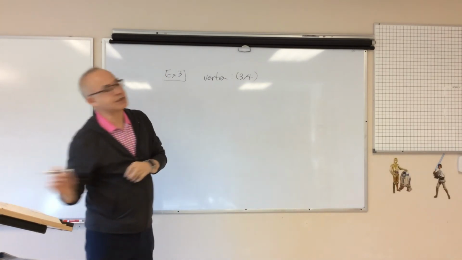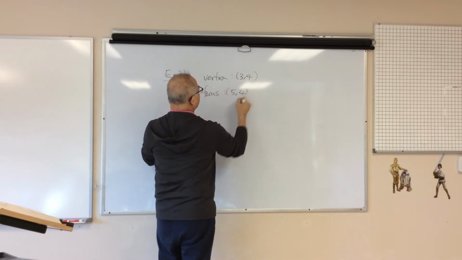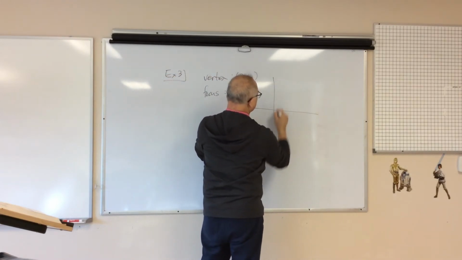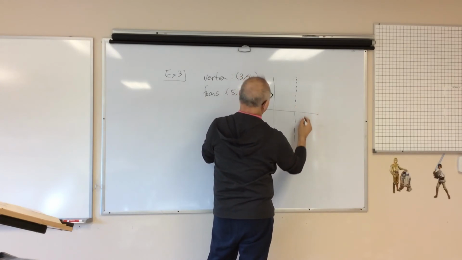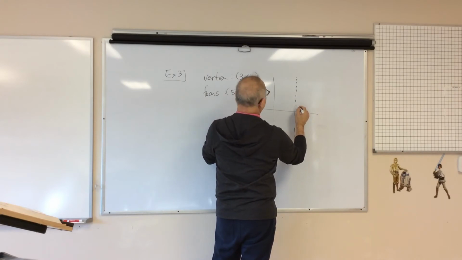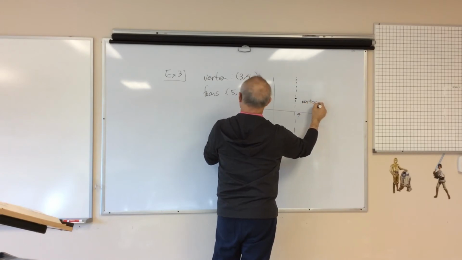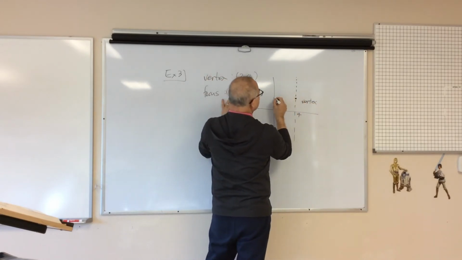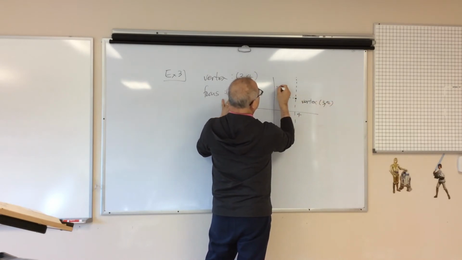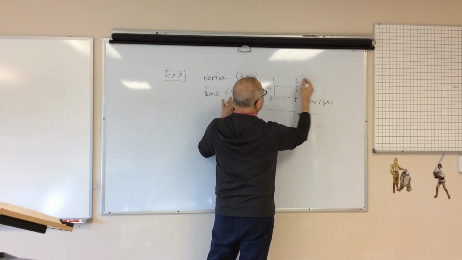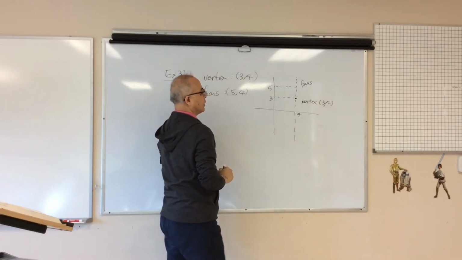And the focus is on 5 and 4. Focus is 5 and 4. So this is 4 here. 3 is where the vertex is at. And the focus is here, 5.